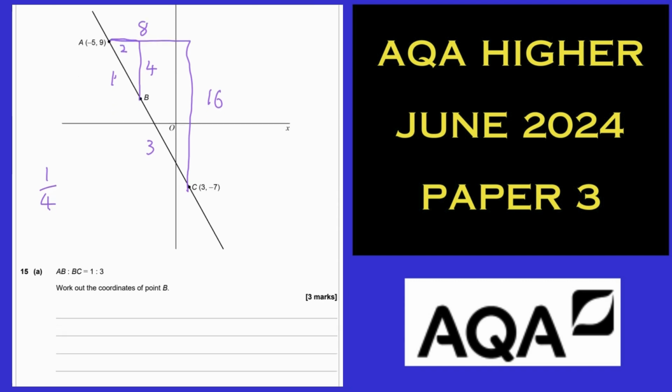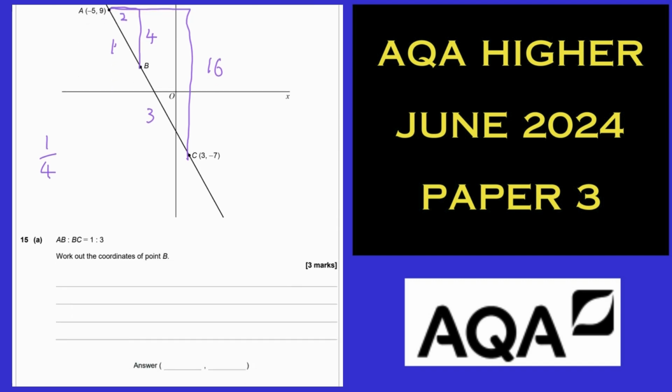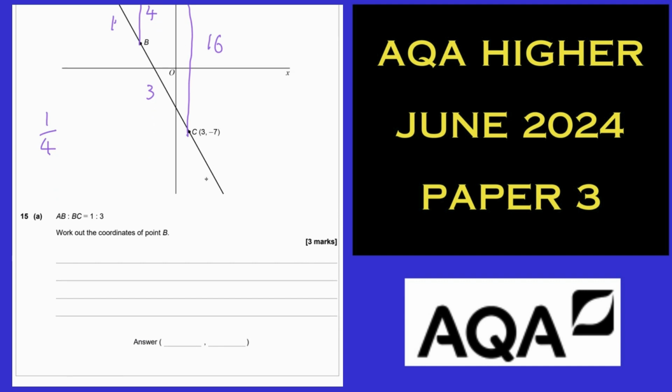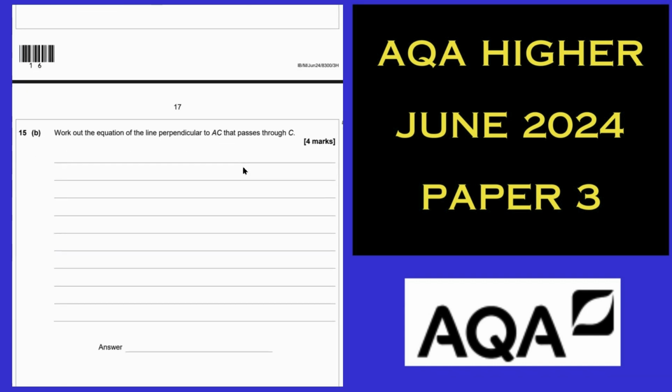So 2 along from -5 takes you to -3. I say 2 along, let's be specific. 2 right from -5 takes you to -3. And going 4 down from 9 takes you to +5. On we go.